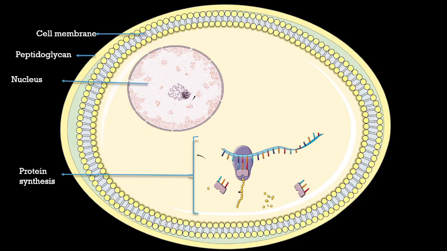So here's a bacterial cell, and this is just a very simplified cell. The first thing, we have our cell membrane, which is going to be this part. Then the peptidoglycan layer, which is this outer yellowish color, and then we have our nucleus, which is over here, and the protein synthesis that takes place over here.